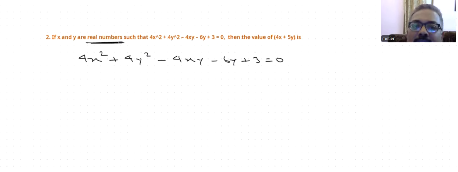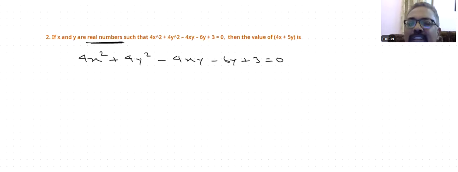Real numbers. And check it, it is in quadratic form and the right hand side is 0, then there is a high chance you can write down this expression in total quadratic form so that you can utilize 0.